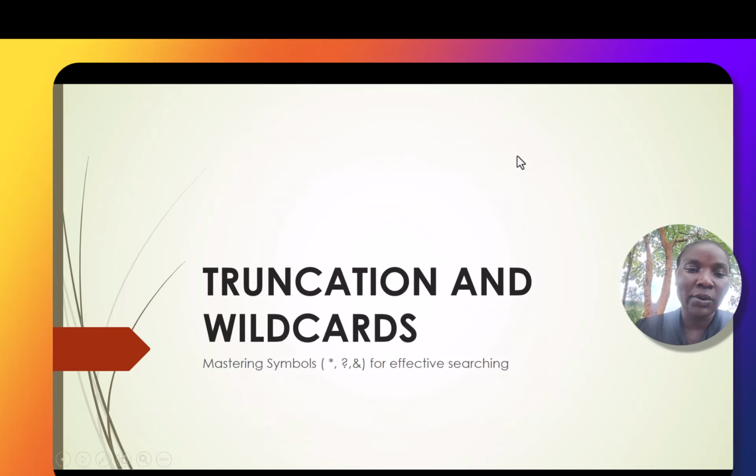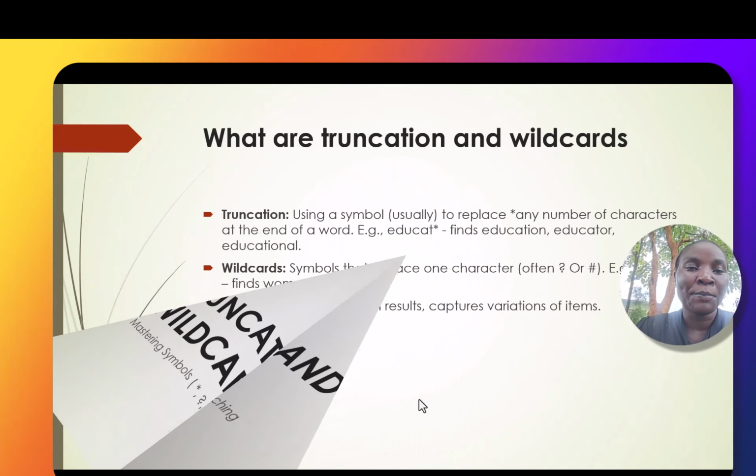Under truncation and wildcards, we shall see mastering symbols: star, question mark, and hash for effective searching of what we really need to know under information literacy. So here we shall be learning the symbols to use and how they are used in different aspects.